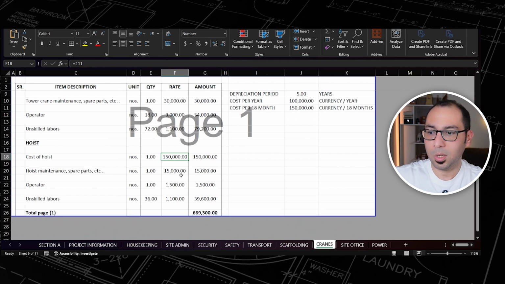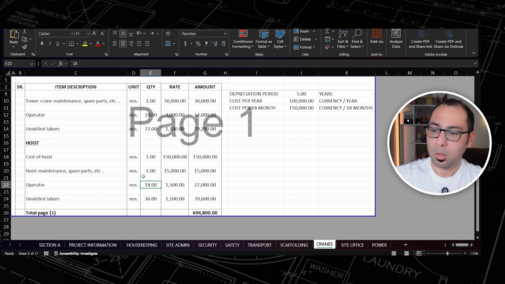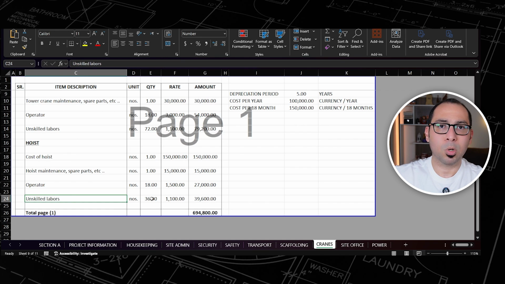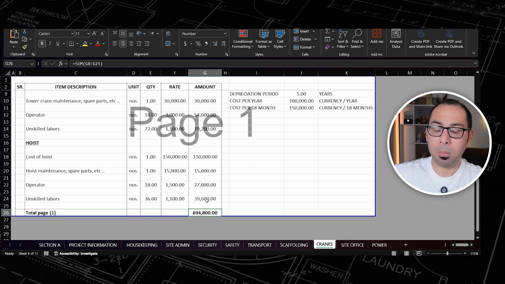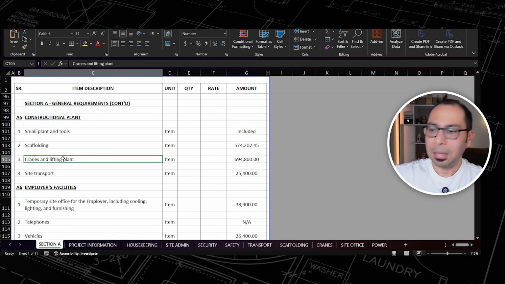I put the 150 here, 10% maintenance, and the operator for that, again, I need 1 guy, but actually here it should be for 18 months. So 18 multiplied by 1,500, and unskilled laborers to load the things and unload them from the hoist. And when you take the summation, I am getting 694,000 here, which is the cost for the crane and lifting equipment, which I'm assuming here is a hoist.